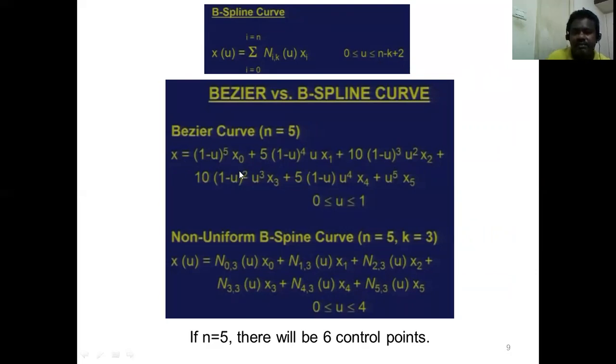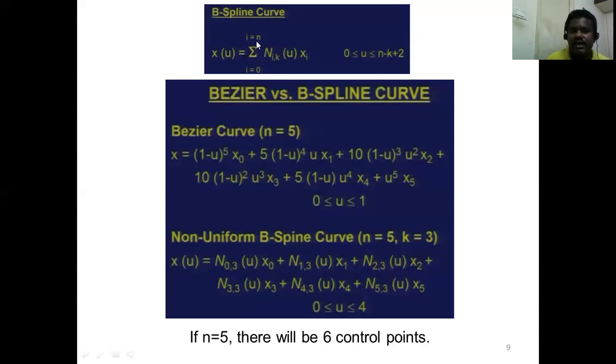At the same time, the non-uniform B-spline curve is written for n equal to 5 control points, and I'm making 3 control points at a time influence a particular segment of a curve. So in this case, this expression is rewritten: x(u) = sum of x_i N_{i,k}(u), where i can vary from 0 to n.